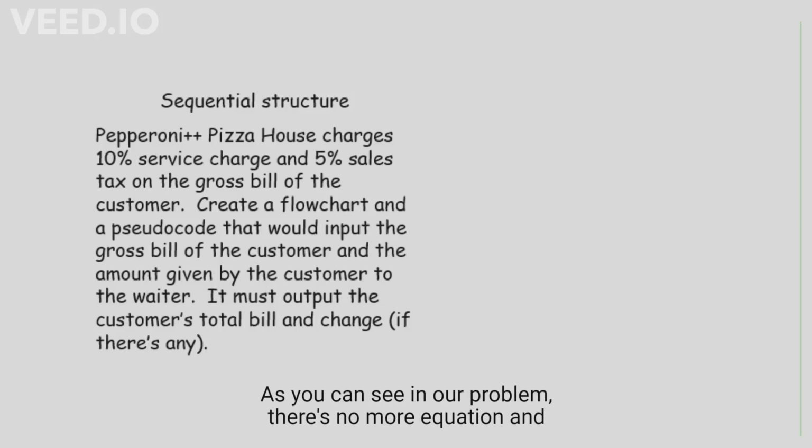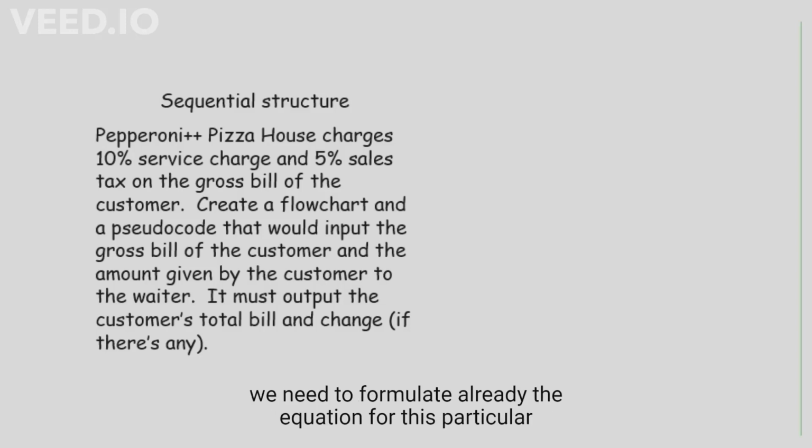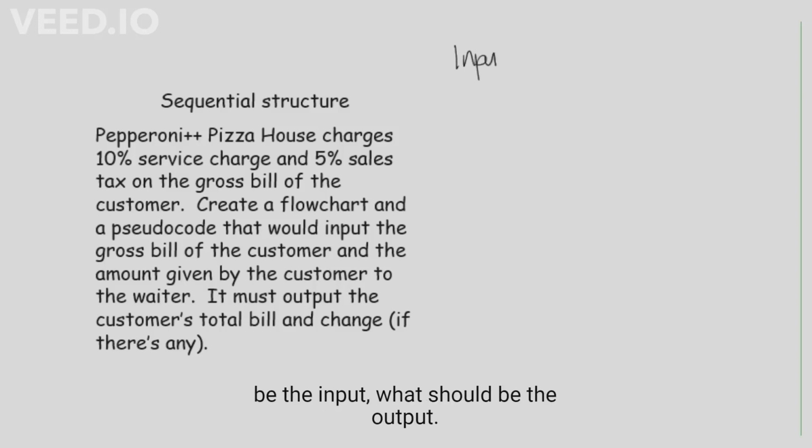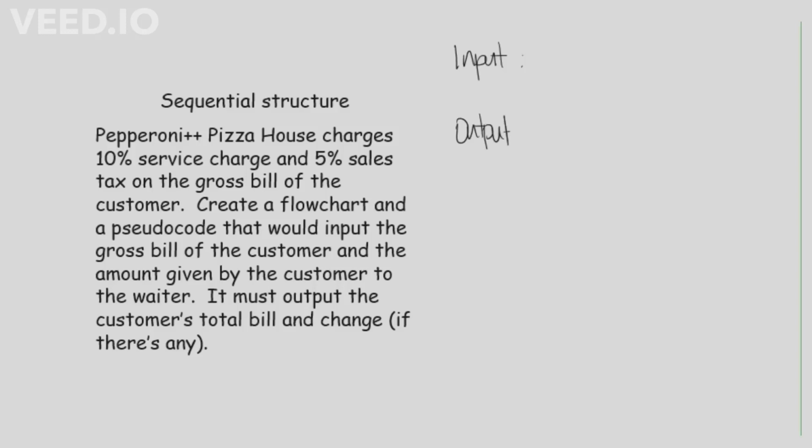As you can see in our problem, there's no equation yet, and we need to formulate the equation for this particular example. So here, we need to identify what should be the input, what should be the output, and we need to identify also the process.